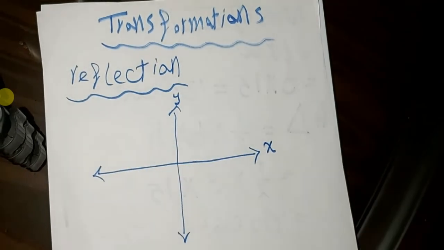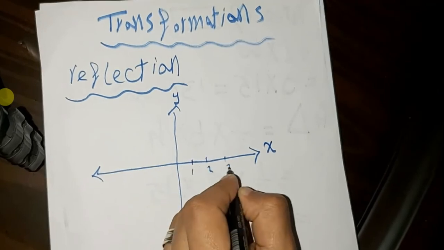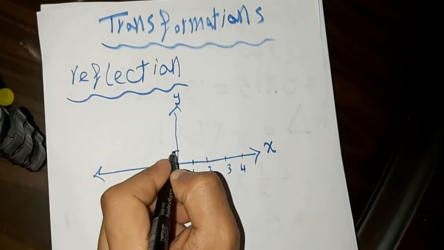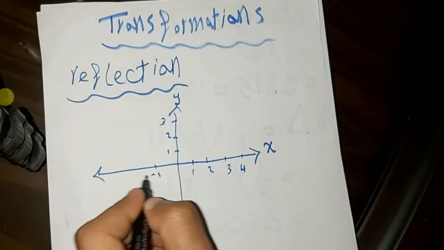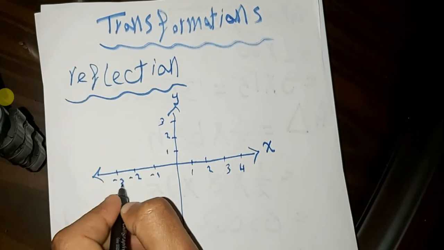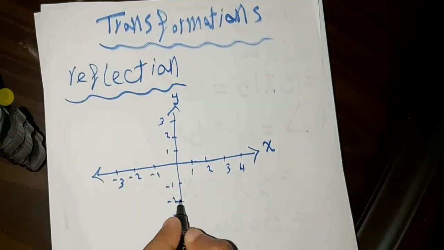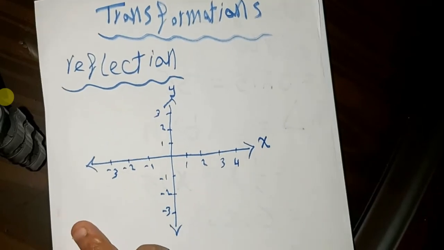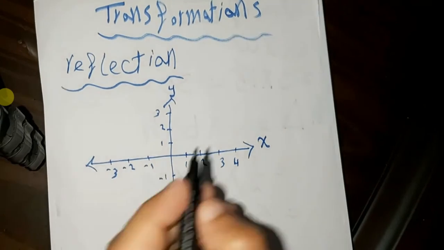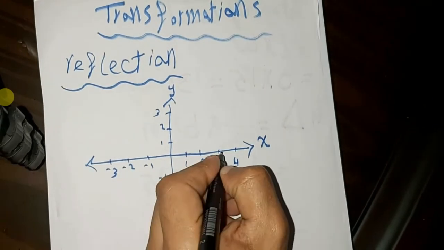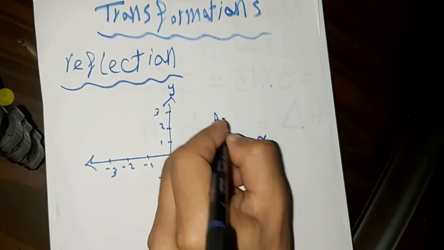For example, we mark 1, 2, 3, 4, and another 1, 2, 3, and -1, -2, -3, and we want to make a reflection of any point on the x-axis or y-axis. For example, I will choose this point (3, 2), and I will call it A.